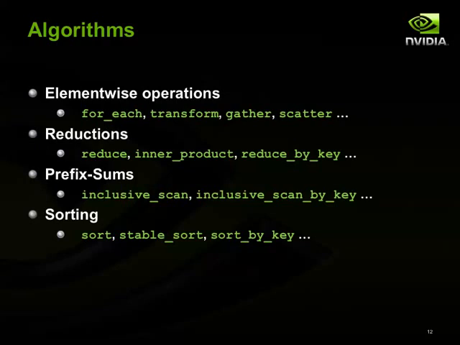Some of those algorithms get functions as parameters, like reduce and for each. Can you pass arbitrary functions? Yes, we'll get to that in a second. The question is, these are generic algorithms, so can we pass our own functors or functions to them? Yes, but I don't think you can pass arbitrary C++.